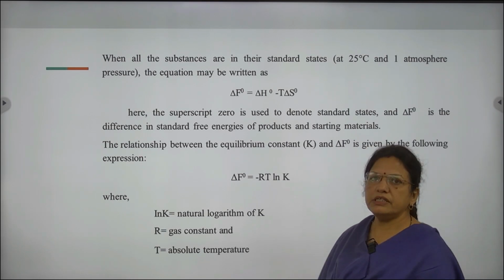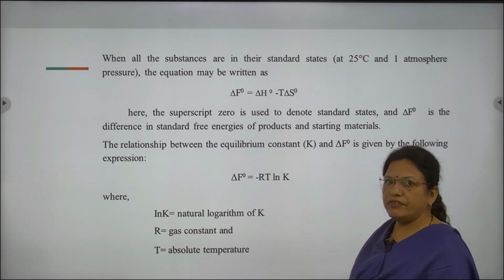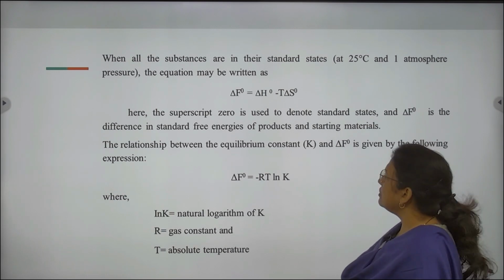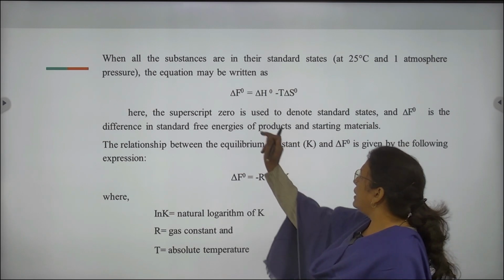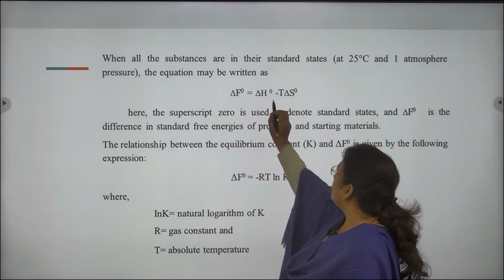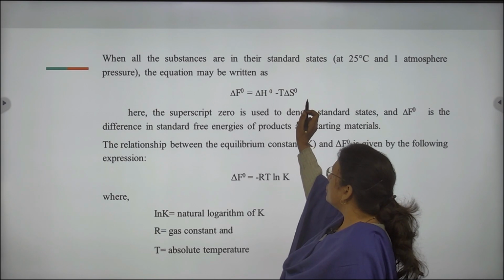When all the substances are in their standard state, standard state means the temperature is 25 degrees centigrade and the pressure is 1 atmosphere. Then the equation may be written as delta F0 is equal to delta H0 minus T delta S0.